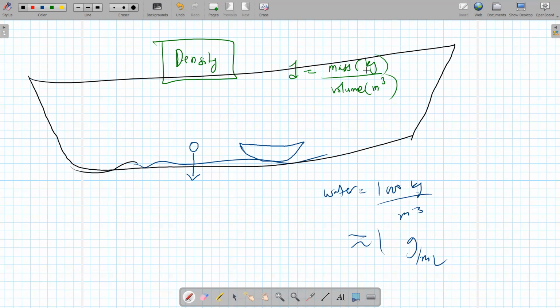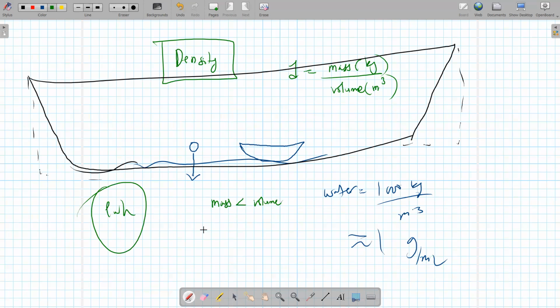It's going to have a very high mass, right? But it also is going to have a very high volume. For our purposes, we can treat this as a rectangular prism, even though it's technically not. So the volume is going to be LWH, right? So it turns out for anything to float, the mass has to be less than the volume.